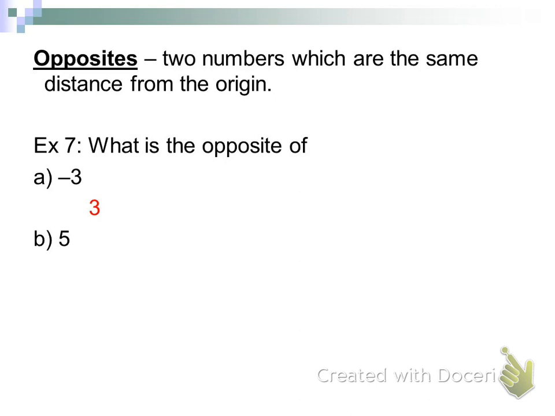If we're looking for the opposite of 5, it would be everybody? -5. What is the opposite of -2/3? Everybody? 2/3. Questions?